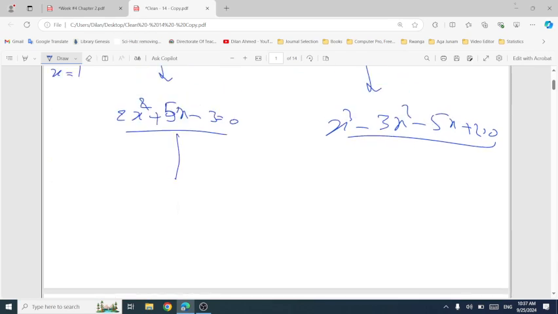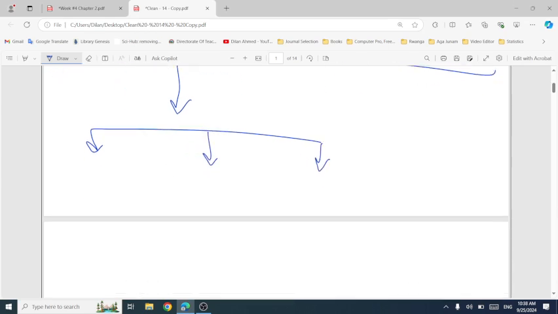For quadratic equation, at least we have 3 ways: by taking a common variable, or making 2 parentheses equal to 0, or using the formula. x1 and 2 equal to minus b plus minus square root of b squared minus 4ac, over 2a.